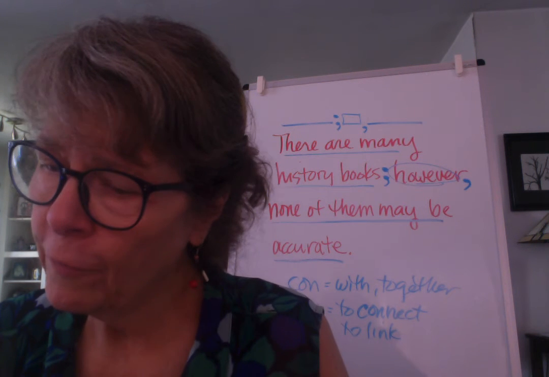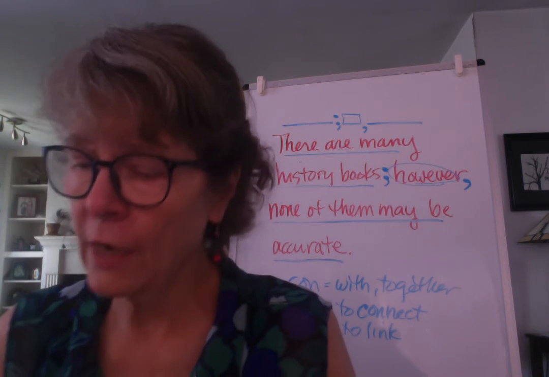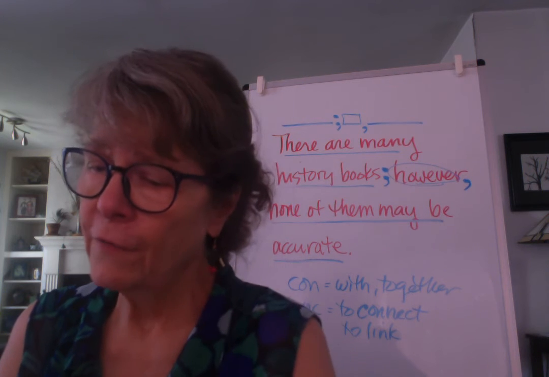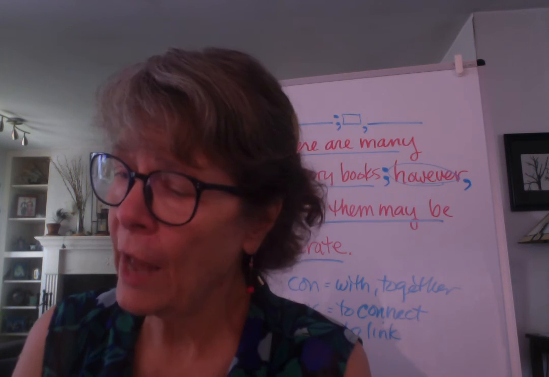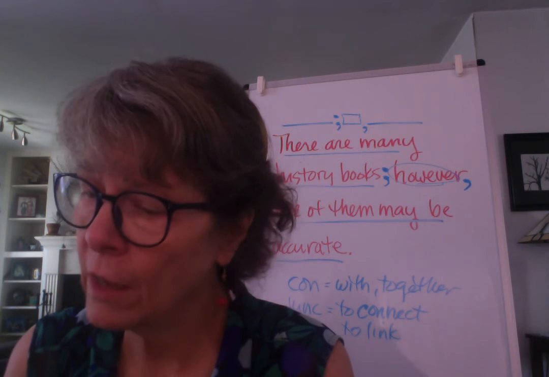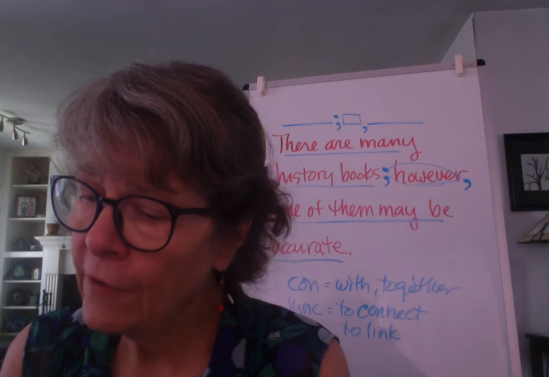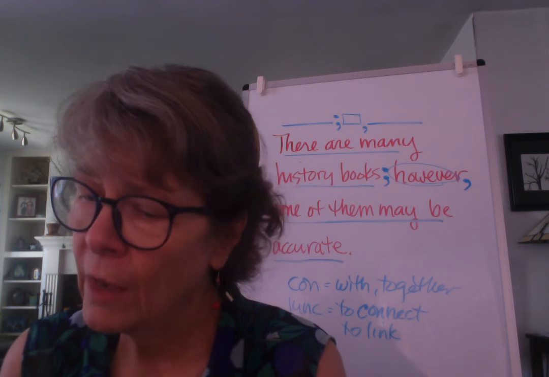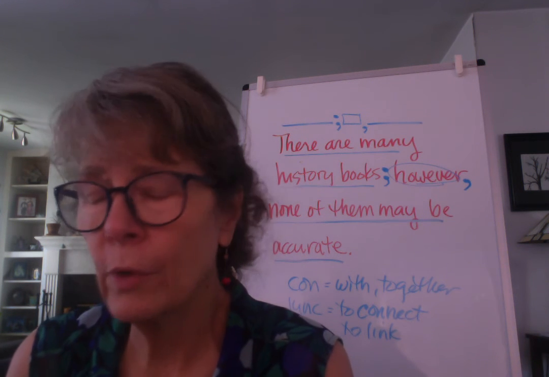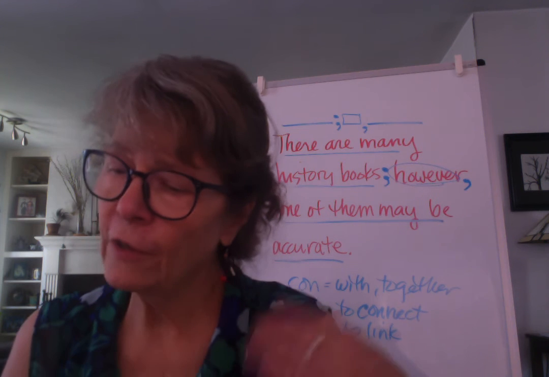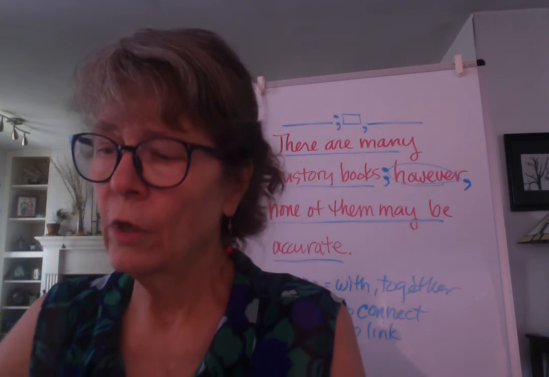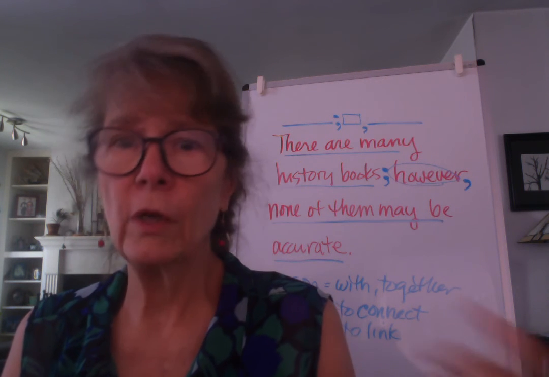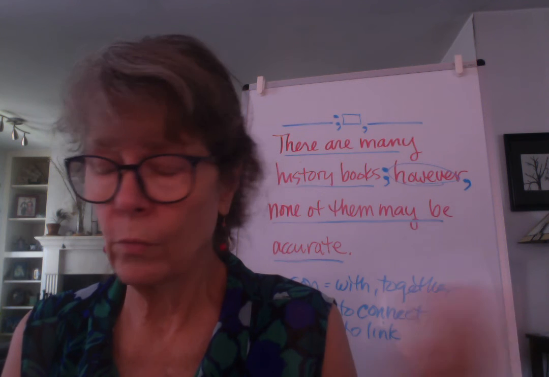Let's skip number 4 and look at number 5. He felt he couldn't tell the truth about what happened. There's the main clause. He lied is the next main clause, right? So what word are we looking for there? We're looking for something like he felt he couldn't tell the truth, so he lied. So we're looking for a word that's kind of like so, right?